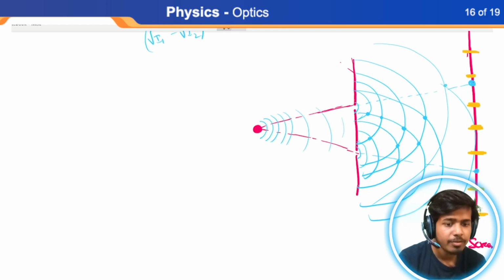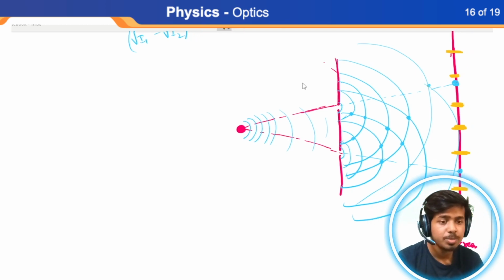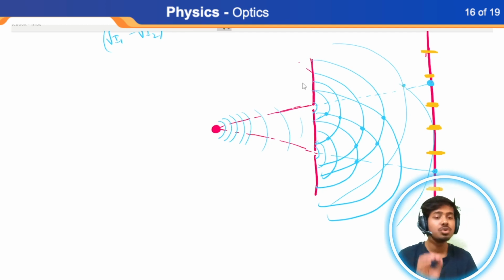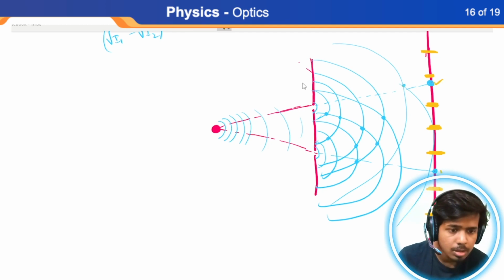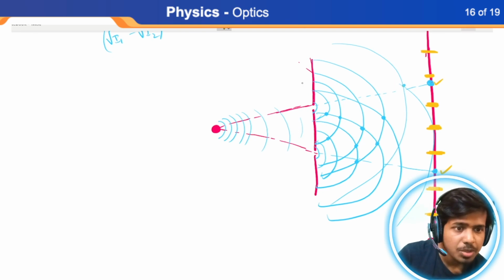If light has to behave as a wave, then it should not only produce these two points. No, it should actually produce multiple fringes.